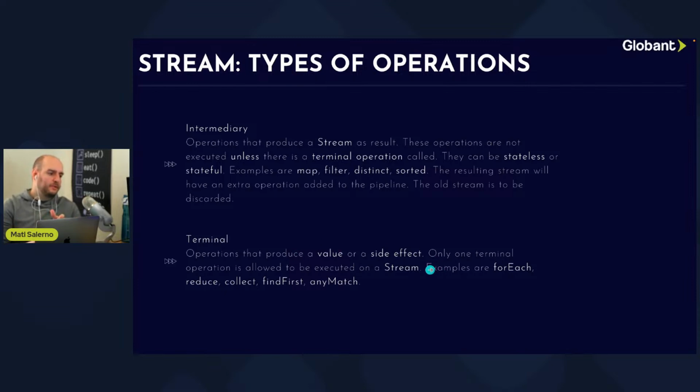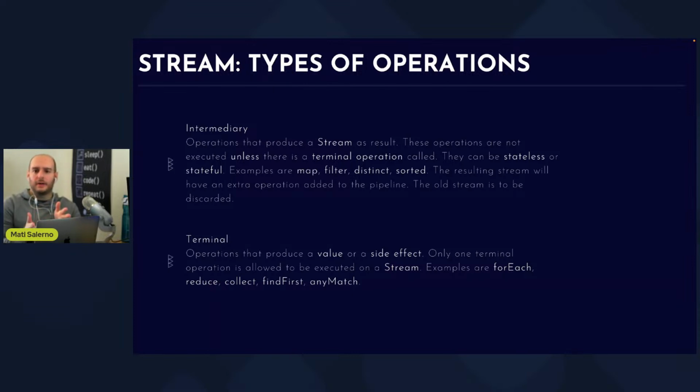So, for example, one terminal operation is forEach. forEach will do something for each element of the stream. And once it's executed, the stream will be disposed. That stream cannot be reused. Another example is reduce, which we used as well last time in our code camp.